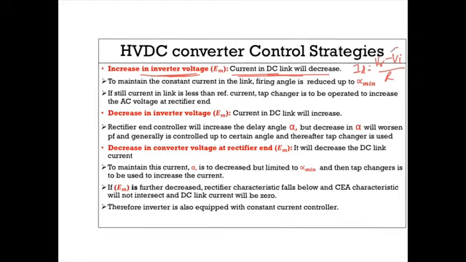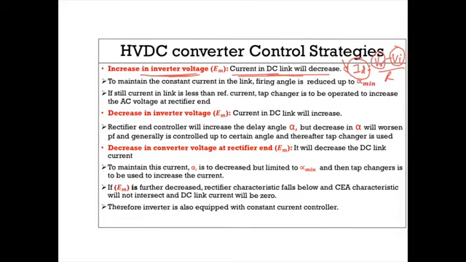So if this Vi increases for constant Vr, then the current in the DC link will reduce. Now generally it is desired to keep the DC link current constant so that the current in the valves will not be very high compared to the rating of these valves or SCRs.